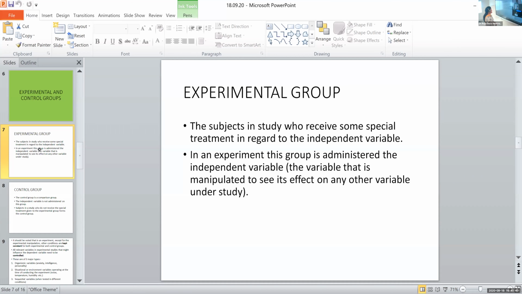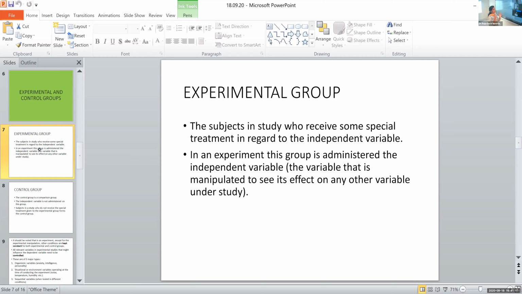Now, the second thing is, in an experiment, this group is administered the independent variable. That is the variable that is manipulated to see its effect on any other variable under study. So as I told you before, the experimental group is the group which receives the independent variable, which receives the cause.